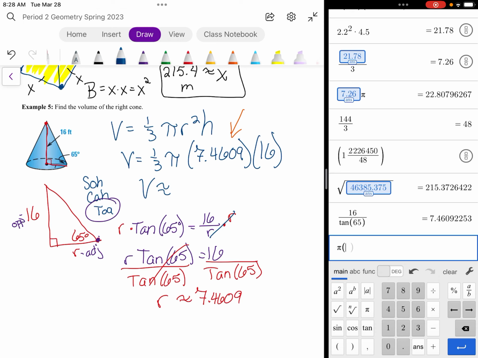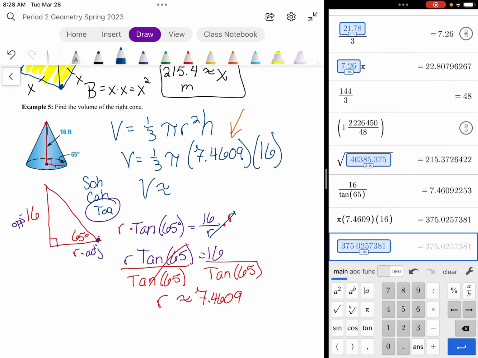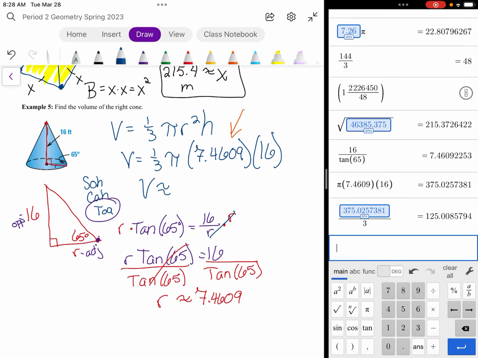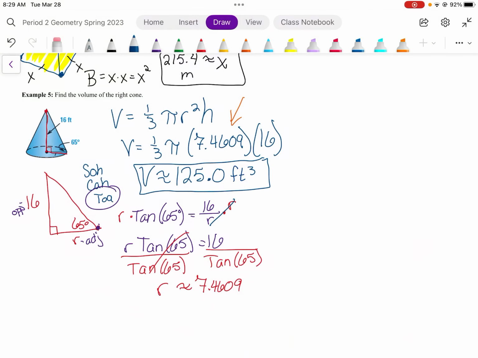So I'm going to type pi times 7.4609 squared times 16, and then divide that answer by 3 to multiply by 1/3. Our volume is about 125.0 feet cubed. And that is our answer.